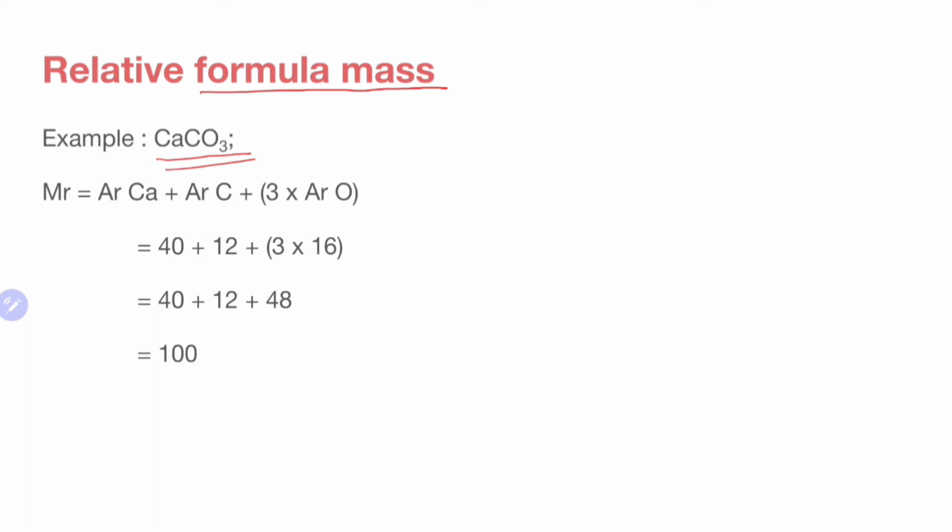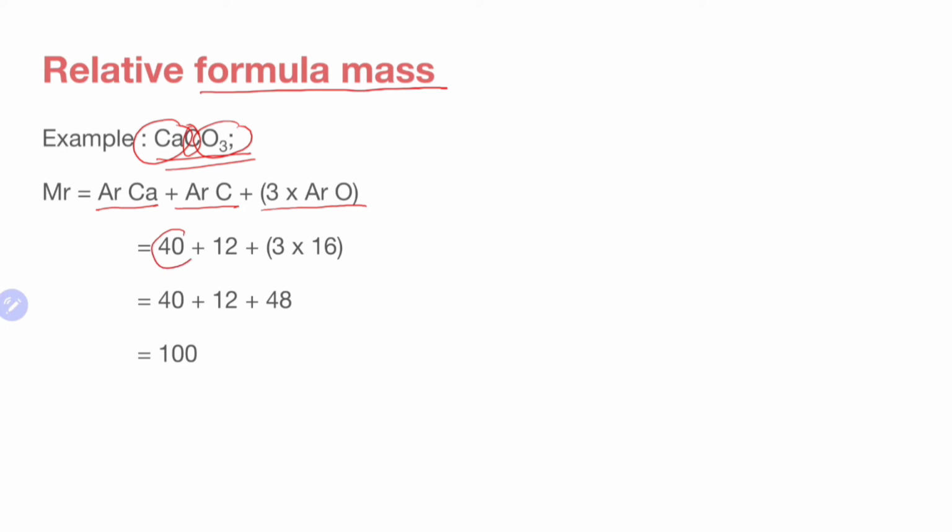For ionic compound CaCO3, one unit is composed of 1 calcium, 1 carbon, and 3 oxygen atoms. So the MR will be 1 AR of Ca plus 1 AR of carbon plus 3 times AR of oxygen.